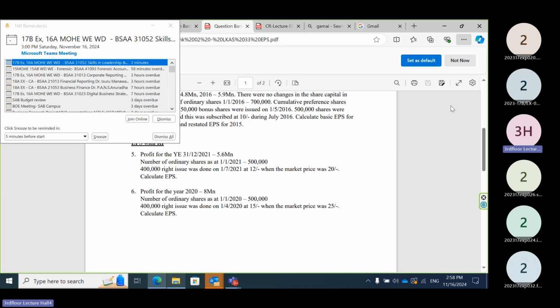This is 2022, make it 2022, right? 2022 May. Taking the answer, taking another number of shares, you have to calculate 2023. Right? 2023 basic earnings per share is the answer. Right. And then there is no more.